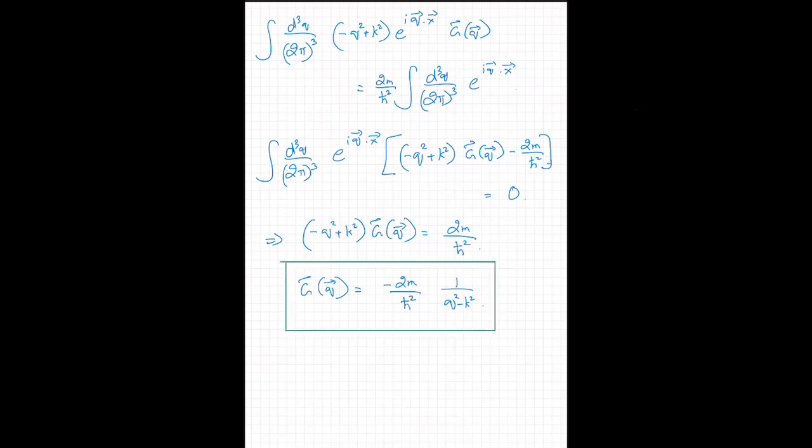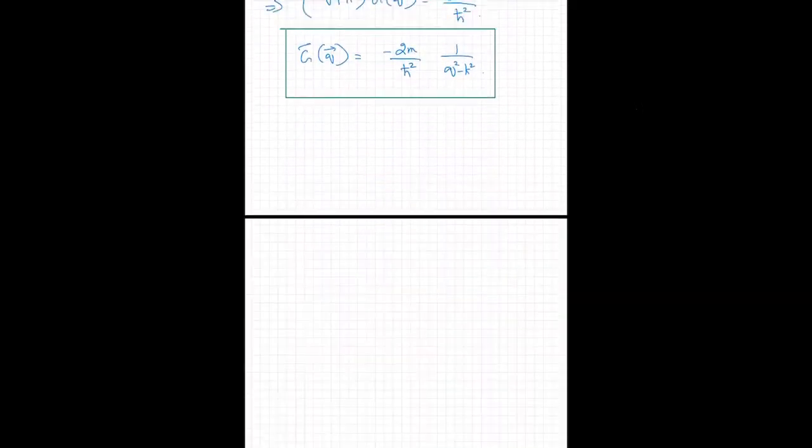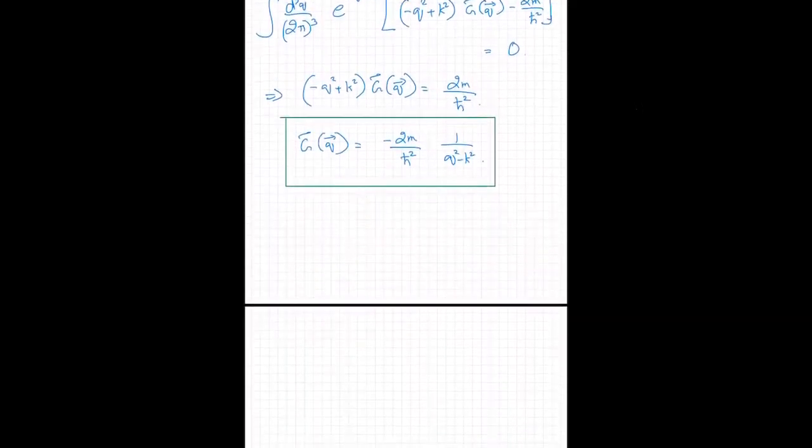So the next job is, of course, to figure out the Green's function in position space. So the formula is simple enough. G of x is, of course, 1 over 2 pi quantity cubed integral d cube q e to the i q dot x g tilde of q vector. Okay.